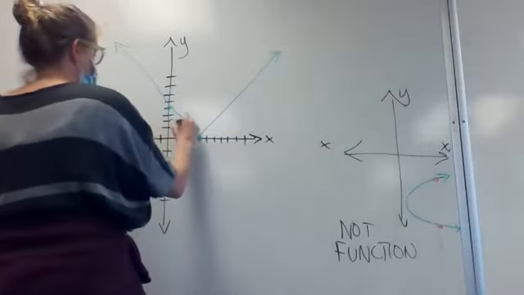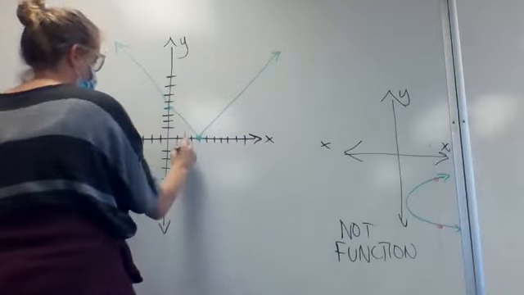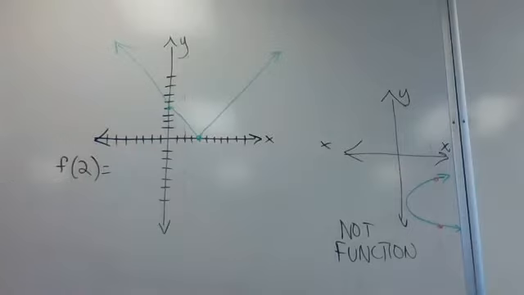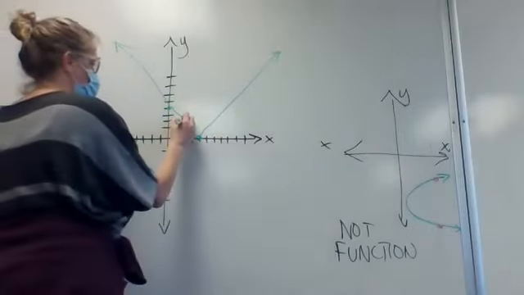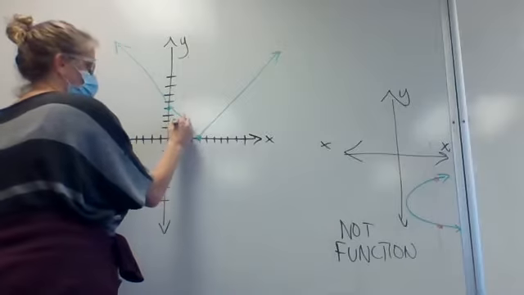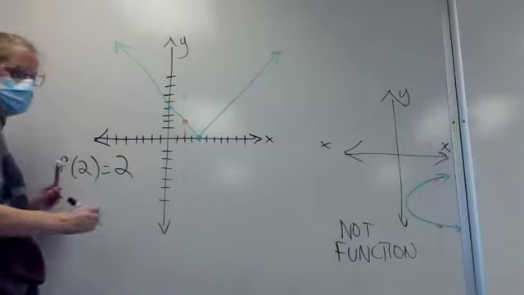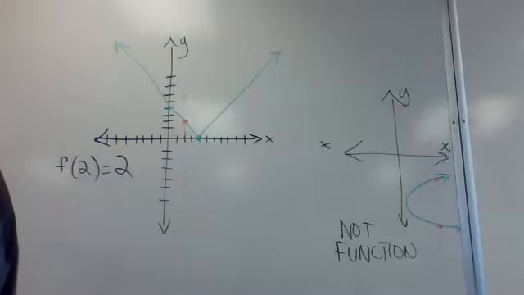Yeah, draw a vertical line. Everywhere on that vertical line, x is 2. Where does it touch the graph? Right here, which is also what? 2. 2 for the y, if I drew it. Looks like I did. Right? Yours will have those lines that you'll be able to see exactly.